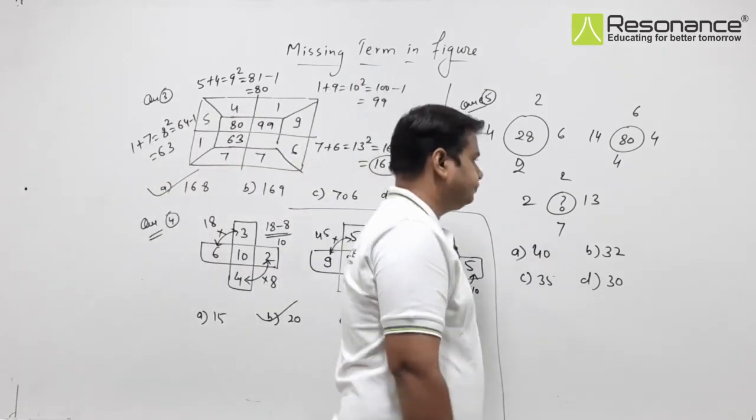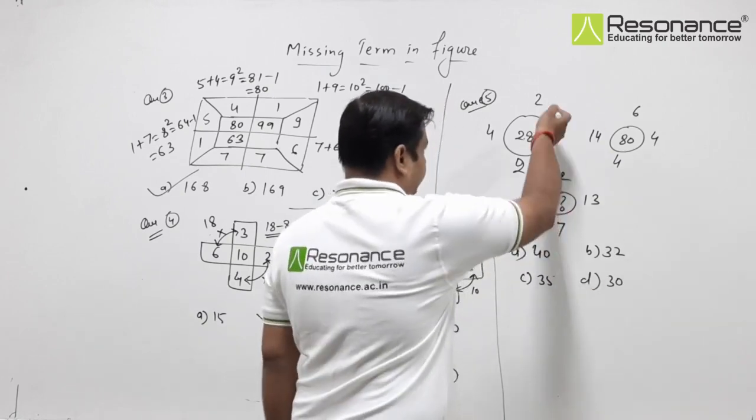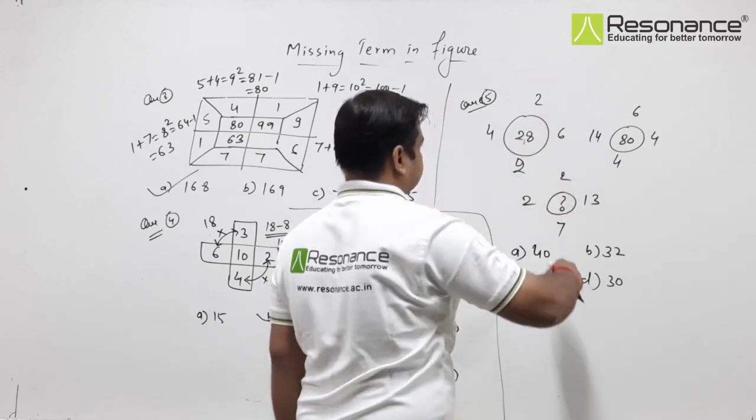20 is the correct answer. Another one, we have to make 28 from the exterior numbers.